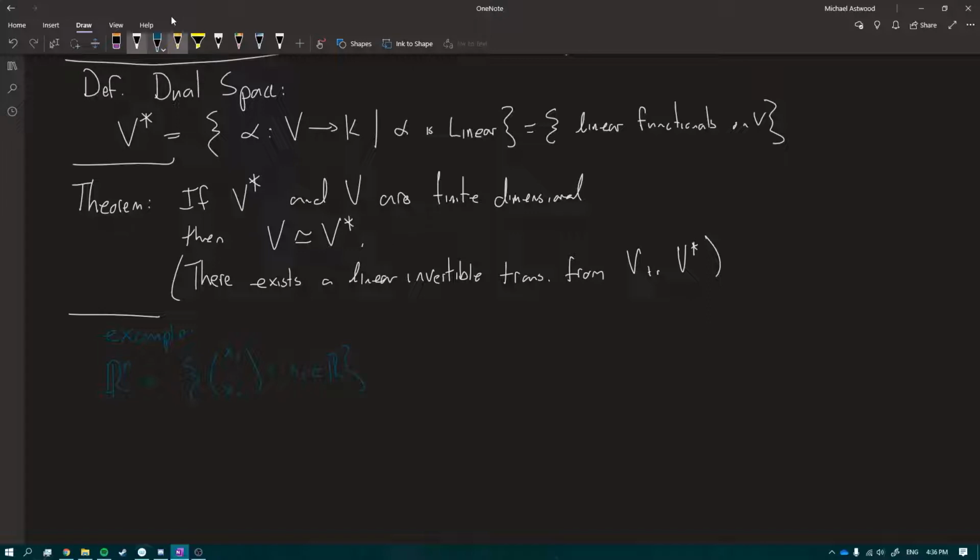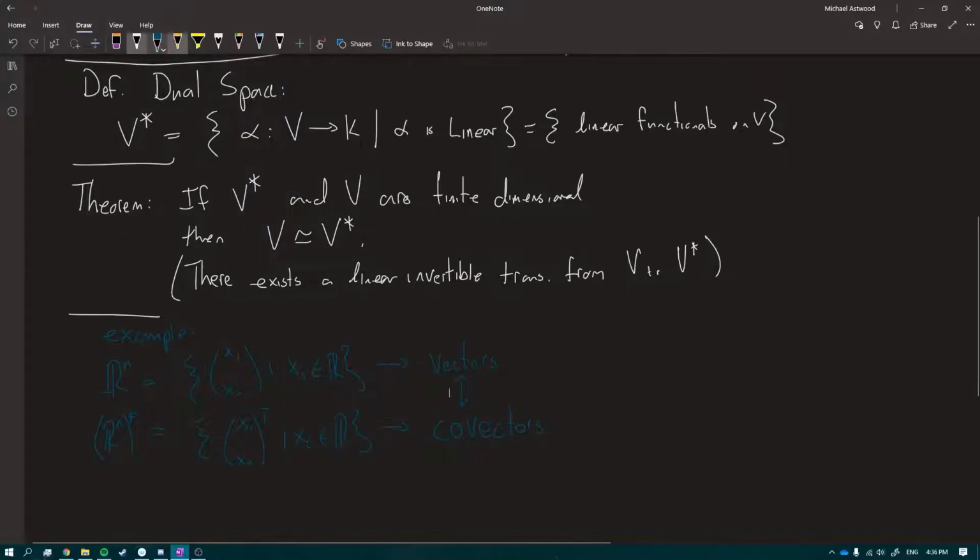And Rn star is therefore the space of all the transposed column vectors. And these row vectors are going to be called covectors. And these things are vectors. So vectors and covectors are related by a transpose. That's why we call them co.